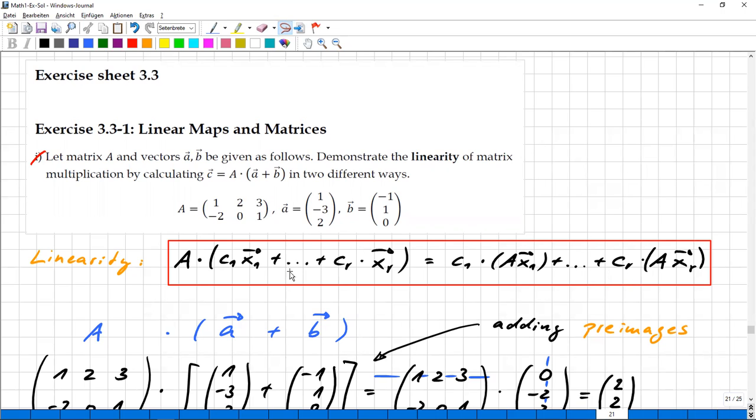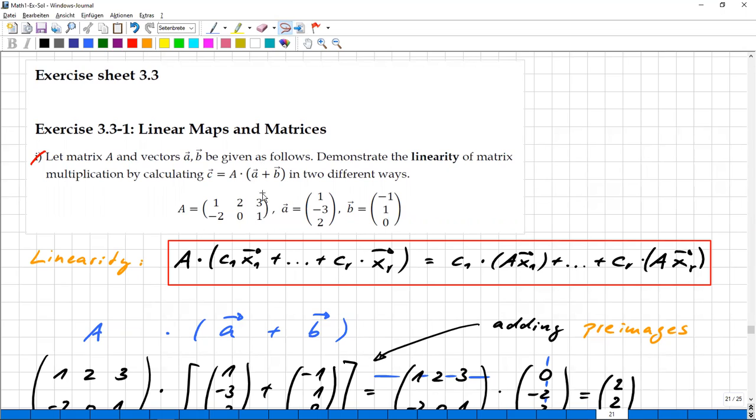While here I would add the pre-images first, in vectorial manner, of course, and then apply the matrix only once to the whole sum of pre-images. You see that this is something different here and here. But if it leads to the same result, this is a proof that the whole operation is linear. That's all it's about.